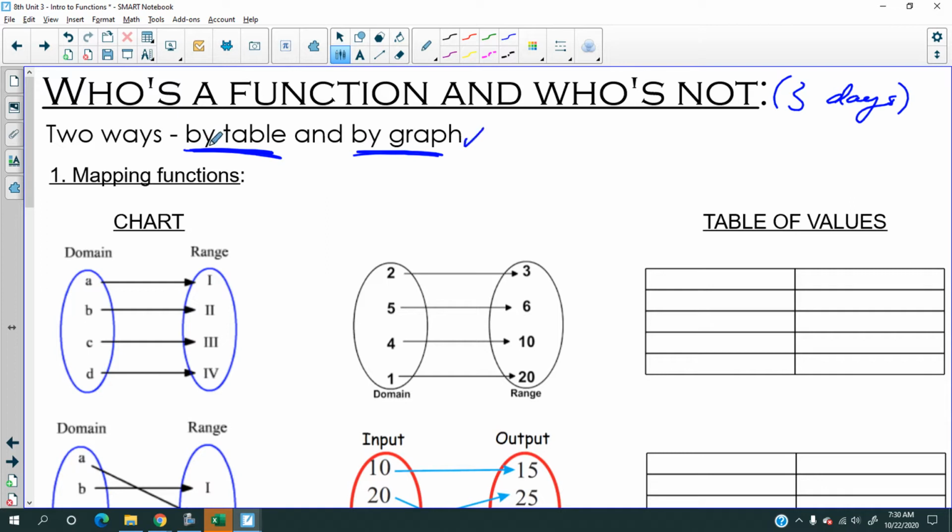So today, on the first day, I want to get across to you what a function is more specifically than yesterday, and then what would not make it a function. So today is very much a conceptual understanding. Tomorrow, you'll practice with Regents questions on that particular topic, and then on the third day we're going to look at it by graph, which doesn't even involve drawing anything. So it's super duper easy.